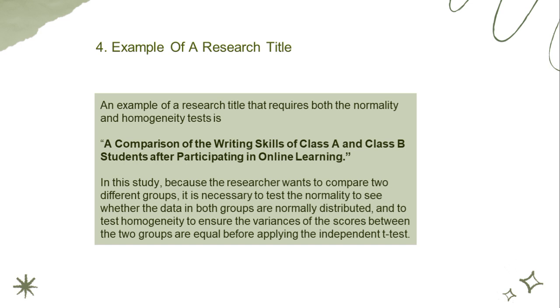In the study, because the researcher wants to compare two different groups, it is necessary to test the normality to see whether the data in both groups are normally distributed, and to test homogeneity to ensure the variances of the scores between the two groups are equal before applying the independent t-test.